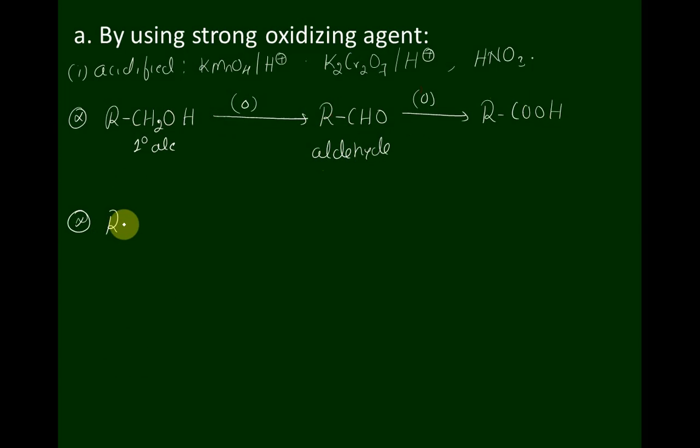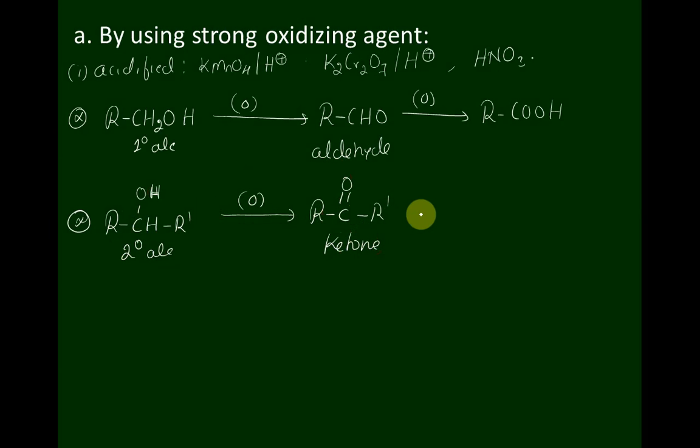When secondary alcohols, CHOH R dash, are subjected to oxidation using any one of these strong oxidizing agents, we get ketones, C double bond O R dash. Ketones do not undergo oxidation under normal conditions, but under drastic conditions they also undergo oxidation to form acids.